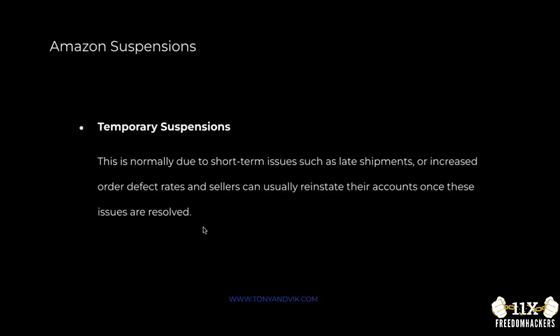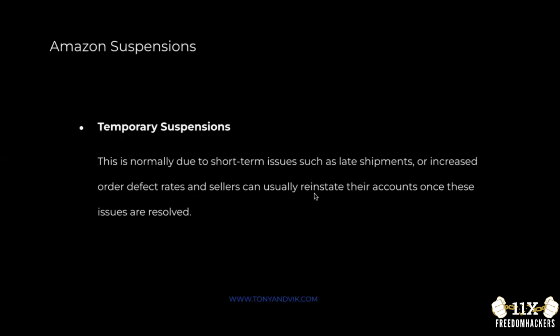Temporary suspensions. These are normally due to short-term issues such as late shipments or increased order defect rate, and sellers can usually reinstate their accounts once these issues are solved.